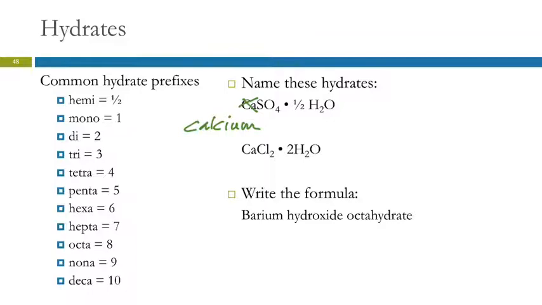What is it? Sulfate. So we name that part. And then the prefix for half is hemi. And then for water, we write hydrate. So we just go through the name and name the pieces.